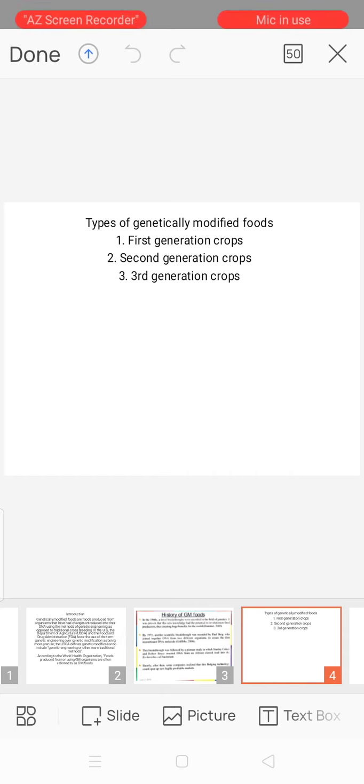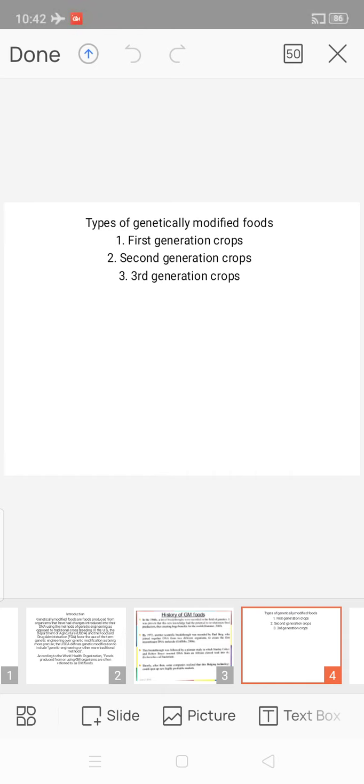And second one is second generation crops. They have new traits to increase their benefit to consumers, such as increased levels of proteins, modified or healthier fats, modified carbohydrates, and increased flavor or increased micronutrients.